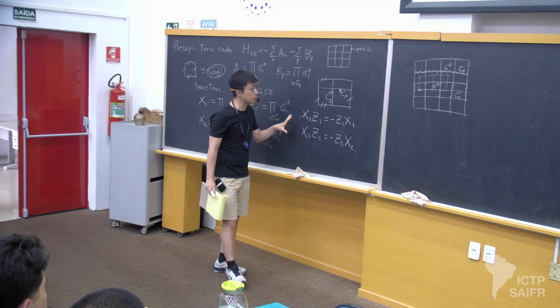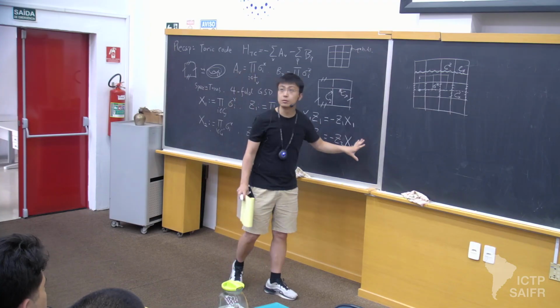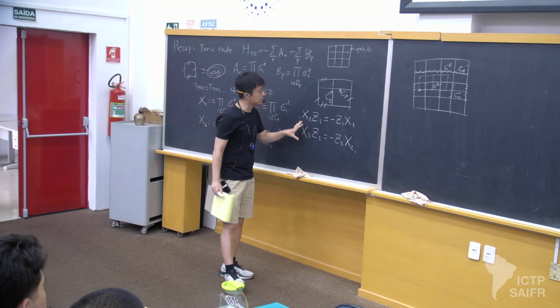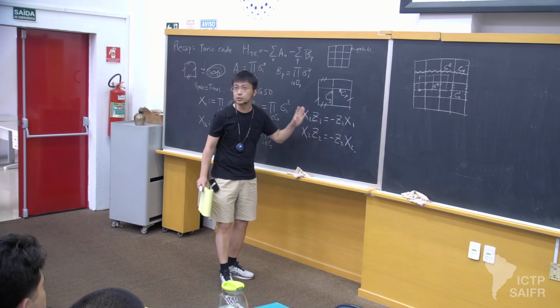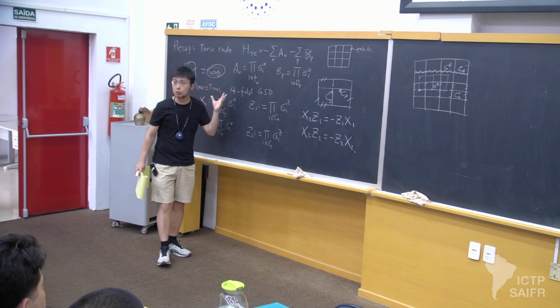Particularly one thing I showed you last time, well, more or less showed you, is that one consequence of this is that these fourfold degenerate ground states are all locally indistinguishable.